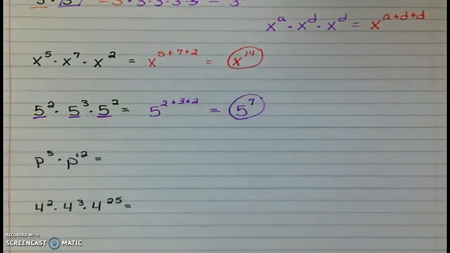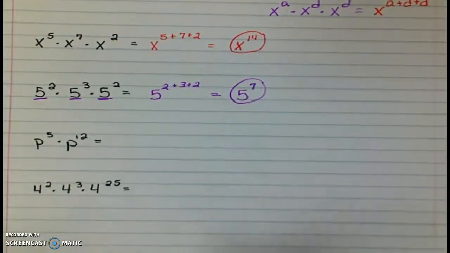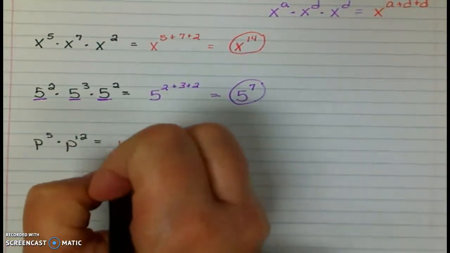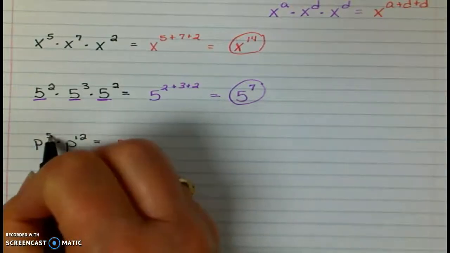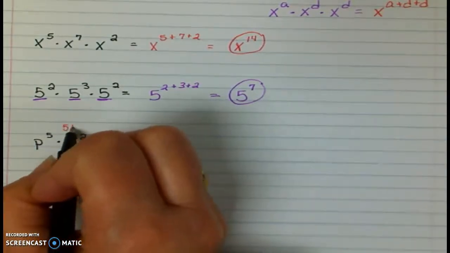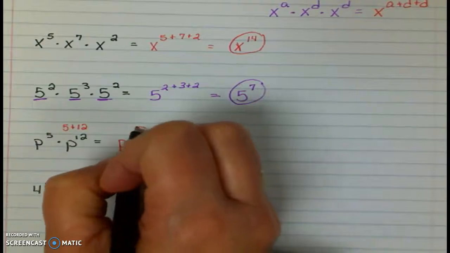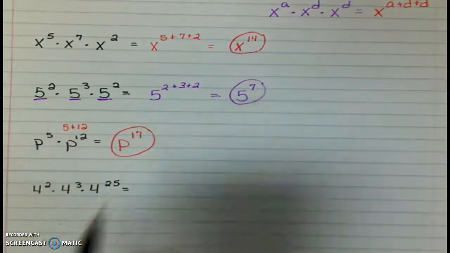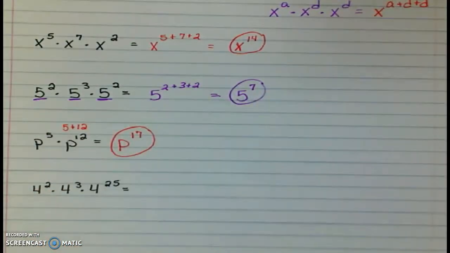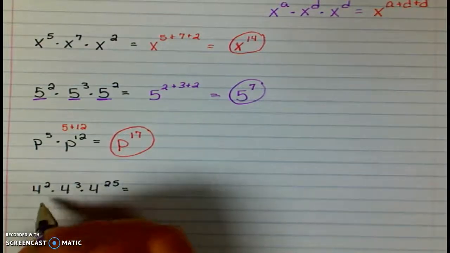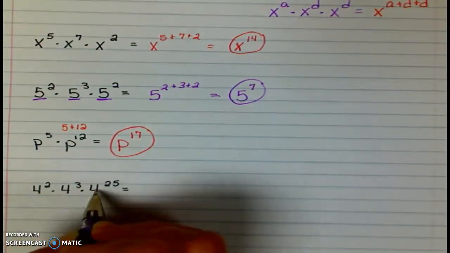In the next example, now we're back to variables. You have p to the 5th times p to the 12th. If you add the exponents together, 5 plus 12 is 17. So it simplifies into p to the 17th power. And finally, the last example deals with base 4. Each one has a base of 4.